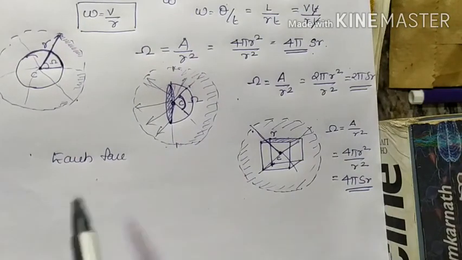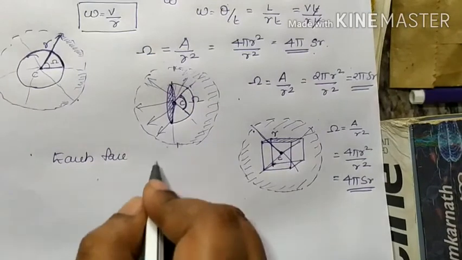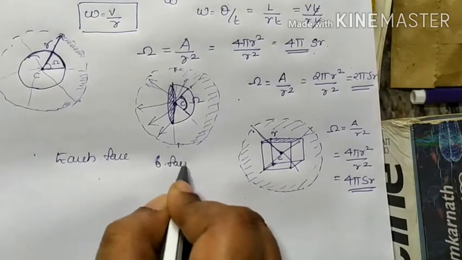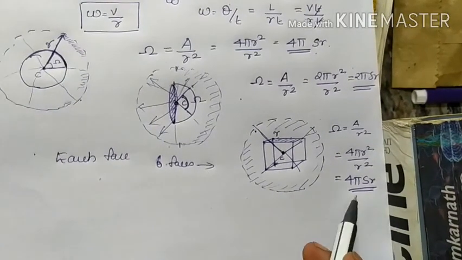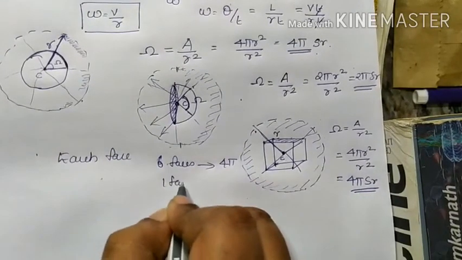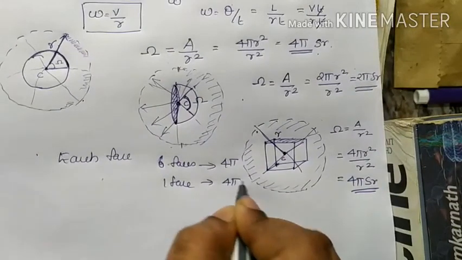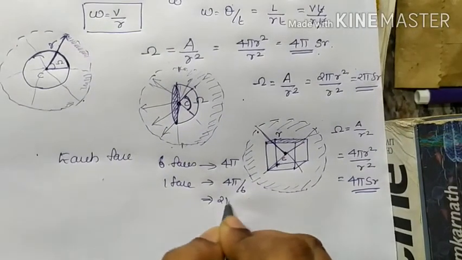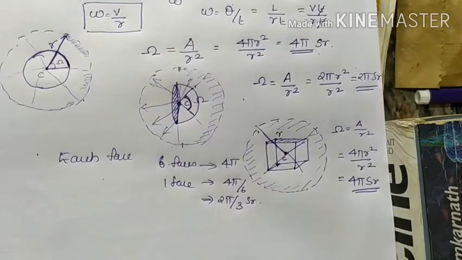How many faces are there in the case of a cube? There are 6 faces. And 6 faces totally are subtending an angle of 4 pi. So one face will be subtending how much? 4 pi by 6, or I will say 2 pi by 3 steradian. Clear?